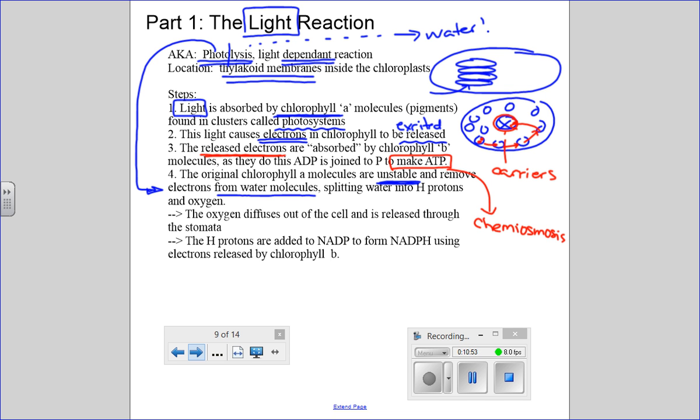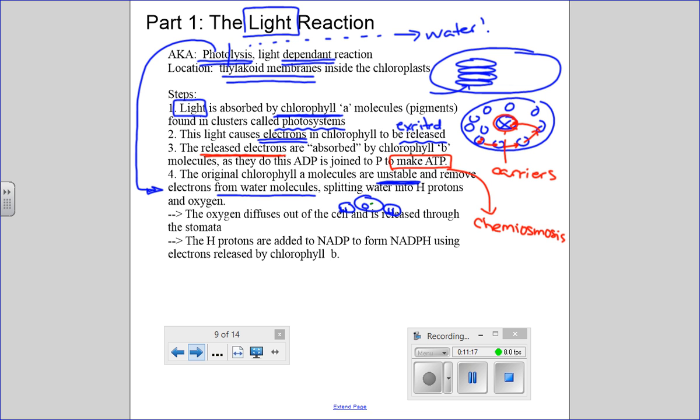If I look at a molecule of water, I have an oxygen and 2 hydrogens, and this molecule gets ripped apart.